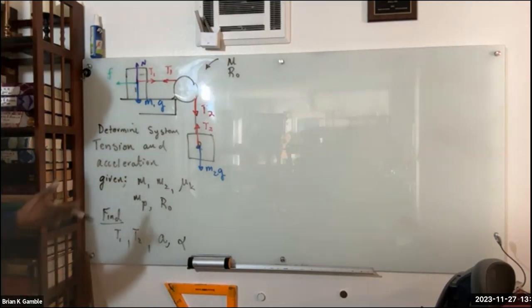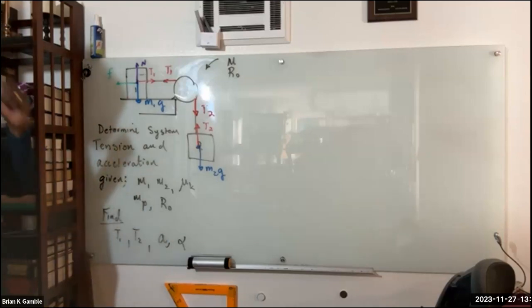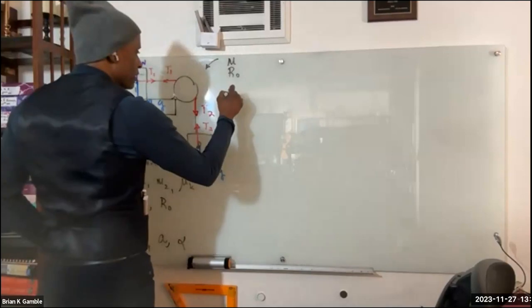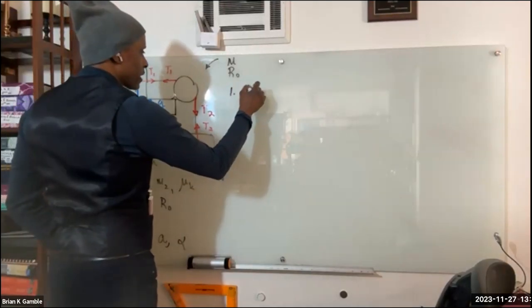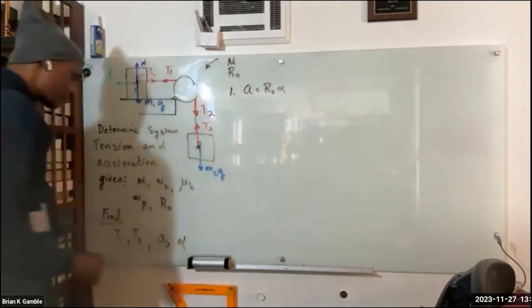So now, whereas before we had 2 unknowns, now we've got 4 unknowns. And the 4 equations that we will use to solve this, well, there's one equation that relates A directly to alpha. That's pretty easy. So that equation is A, the linear acceleration, is equal to R naught times the angular acceleration.